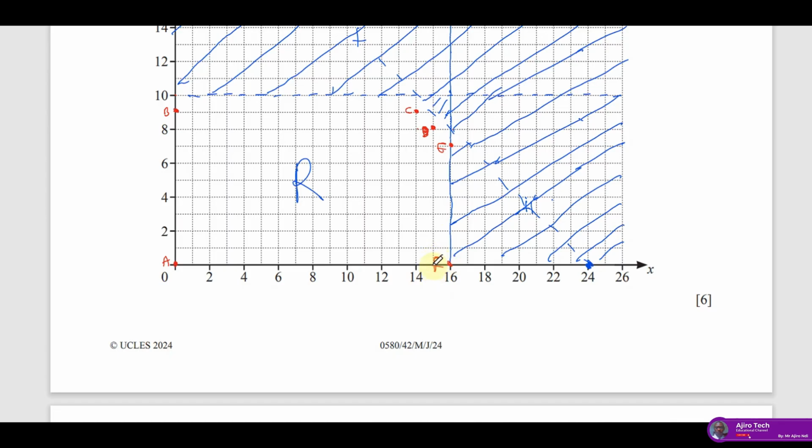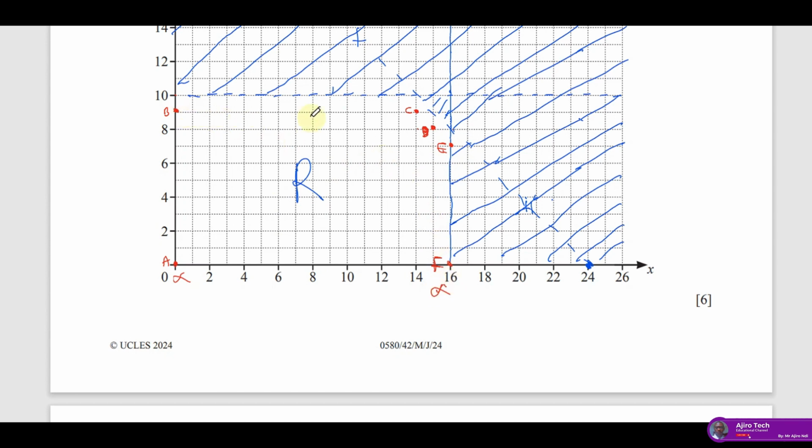So we can now see along this line that the profit is more at B than A, so A can be eliminated. Along this line, the profit is more at E than F, so F can be eliminated.